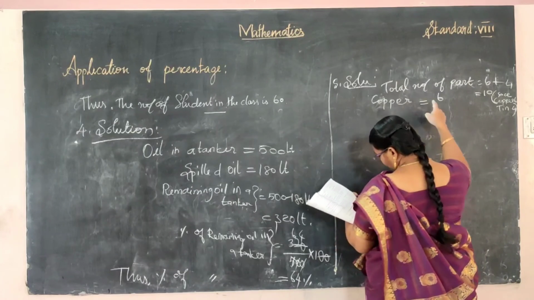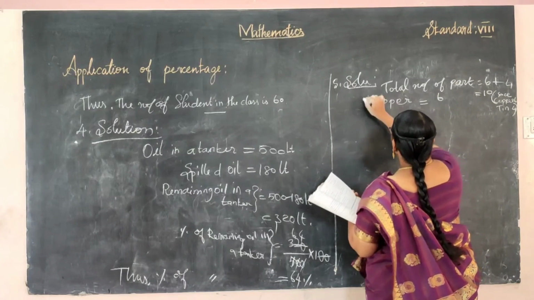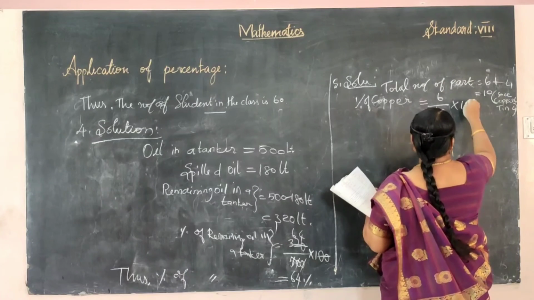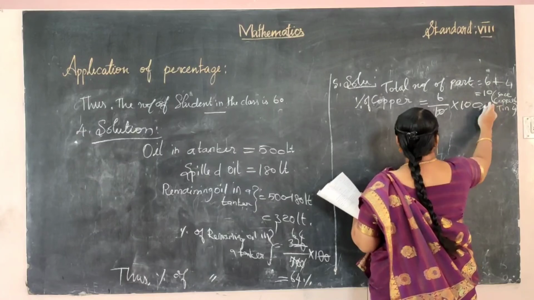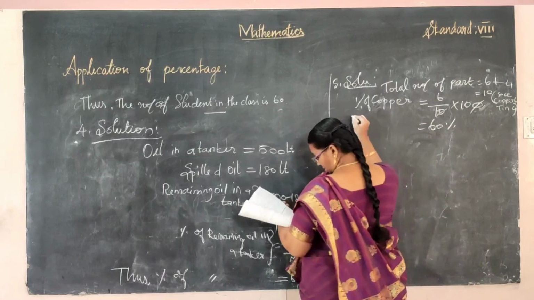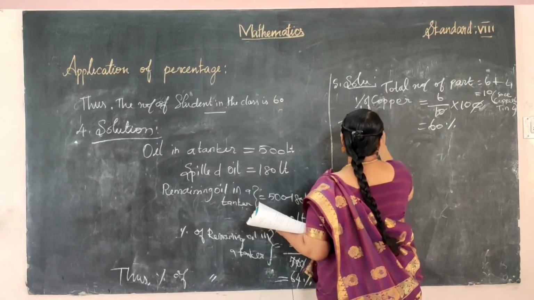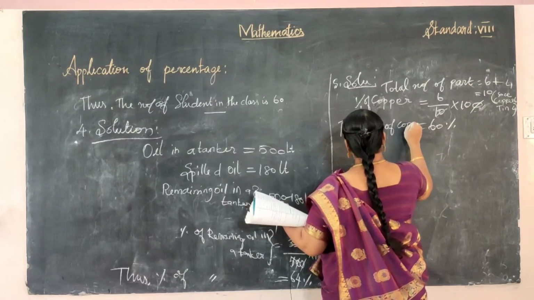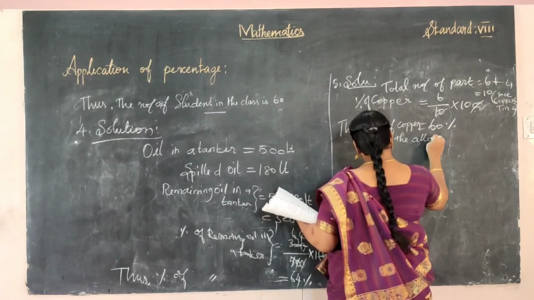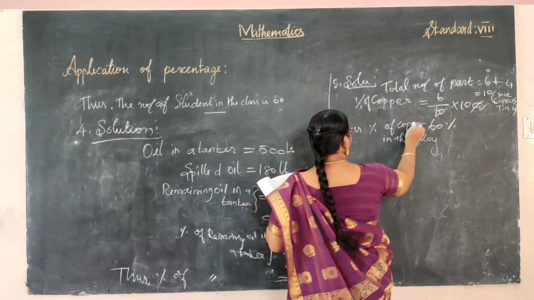We need only the percentage of copper. So the percentage of copper is 6 by 10 into 100, which is 60 percent. Thus the percentage of copper in the alloy is equal to 60 percent.